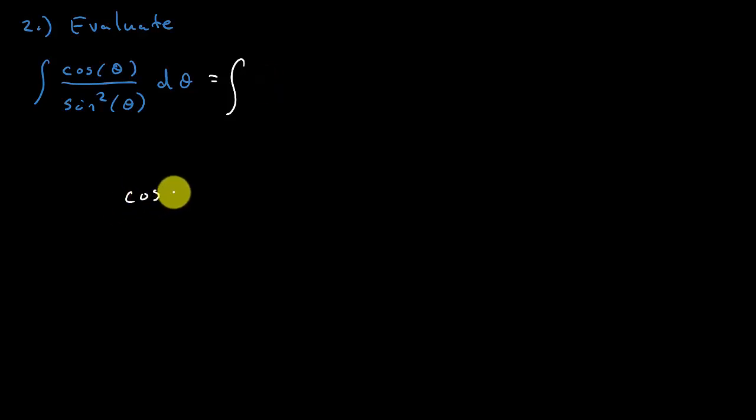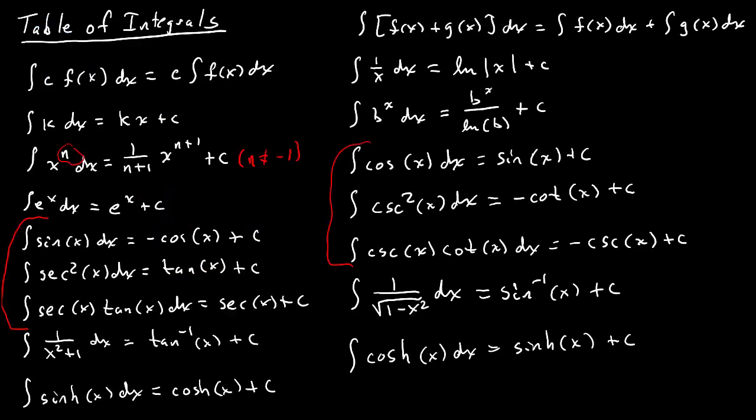Well, let's write sine squared theta as sine theta times sine theta. All right, let's see what happens. So we've got cosine over sine times sine. I know I didn't put the theta. All right, so can we make it look like one of these?